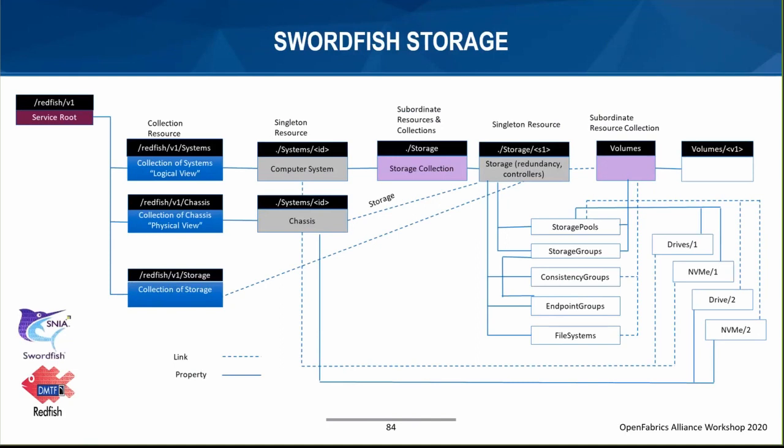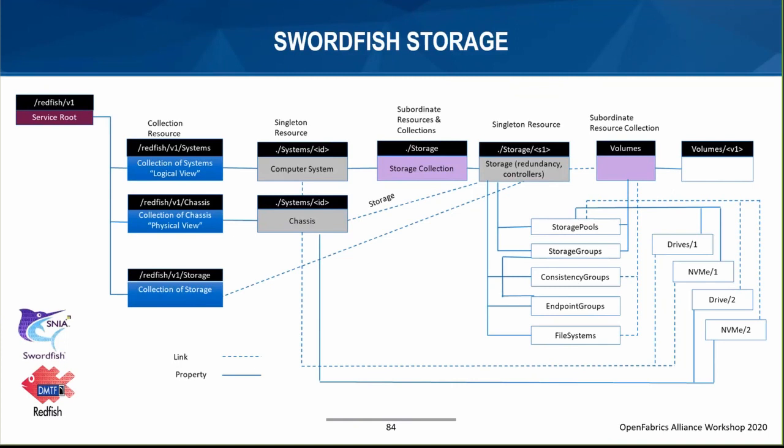And like Phil mentioned, REDFISH manages systems, chassis, and BMCs. The BMCs are not shown on this diagram. So let's start from the system. So within systems, we have a computer system, and there can be an ID for that system. So this is just an example, so we don't have specific IDs here. So the computer system has a storage collection, and we have a storage S1 within that collection.